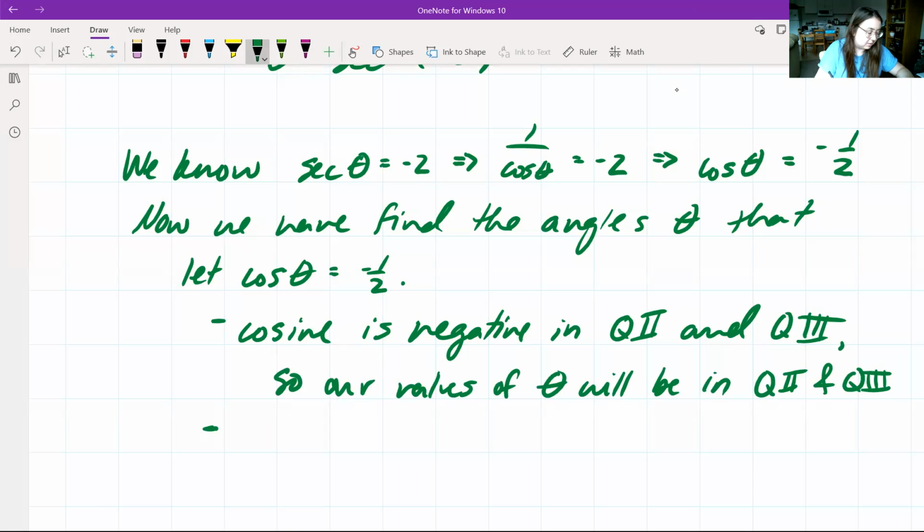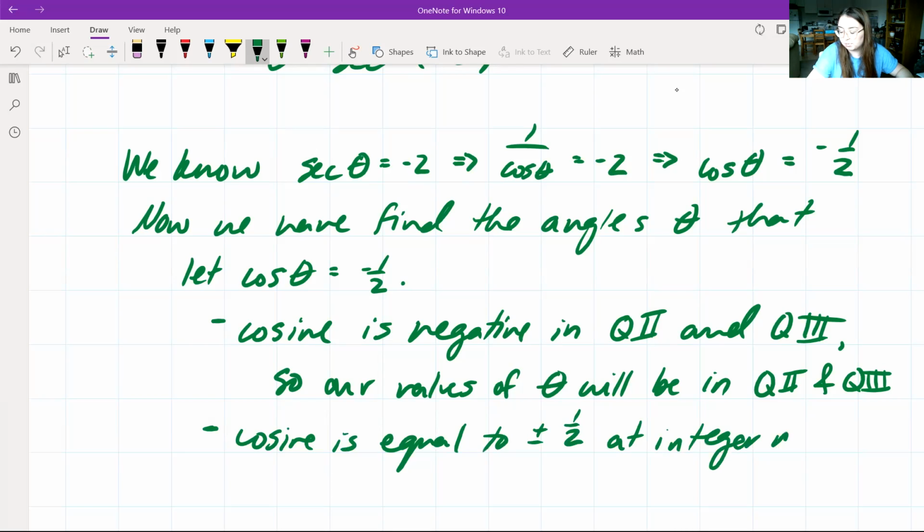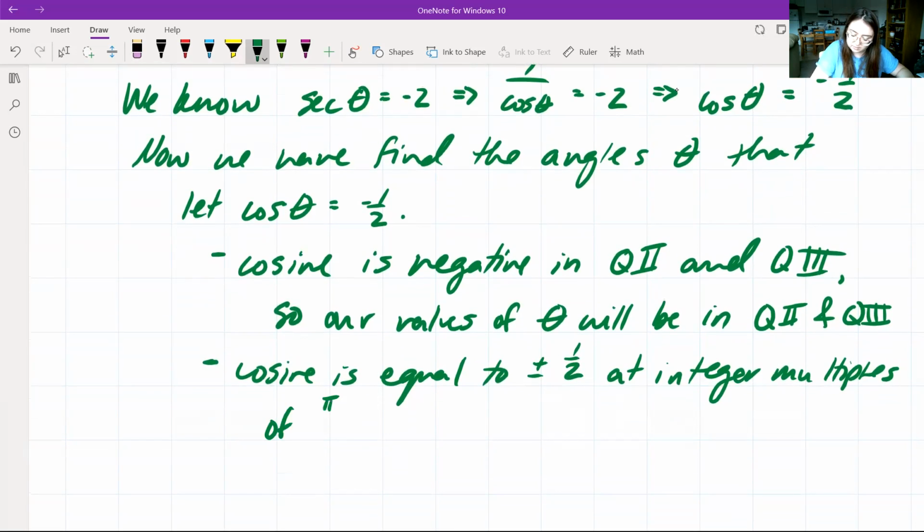Then we can also establish that cosine is equal to positive or negative 1/2 at integer multiples of pi/3. So remember, our integer multiples would be pi/3, 2pi/3, 3pi/3, 4pi/3, things like that. So at the different integer multiples of pi/3 that land on our unit circle, we know that these are the values where cosine is going to be equal to negative or positive 1/2.